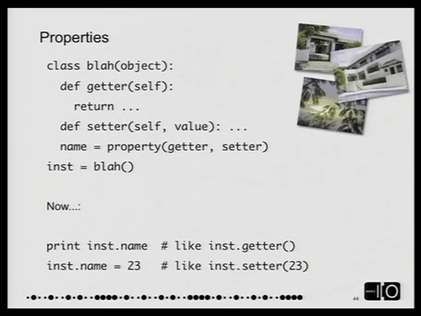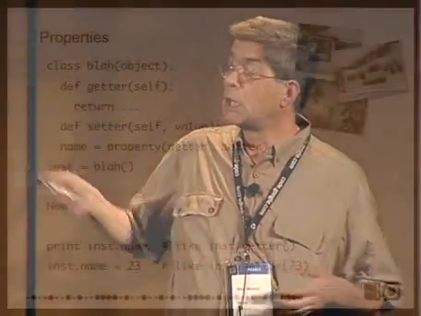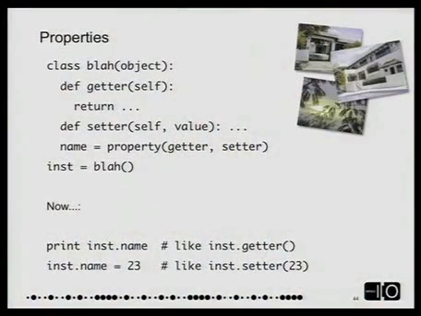Another very useful concept is that of a property. Suppose you have two methods, we call them getter and setter. Getter just takes the object and returns a value. Setter takes the object and a value and somehow sets the value appropriately into the object. You can give a very nice syntax by calling the built-in property with a getter and setter as part of the class, assigning it to a name.